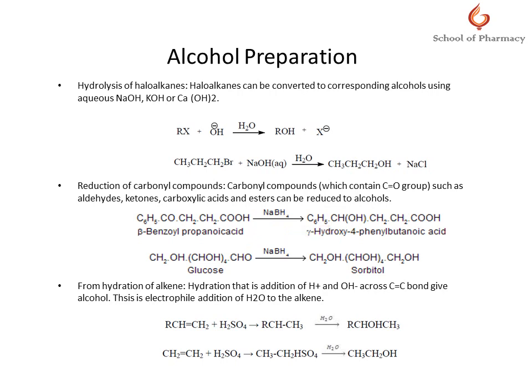Now the next is preparation from hydration of alkenes. Hydration is the addition of a hydrogen ion and OH across the carbon-carbon double bond, and that gives the alcohol. So this is an electrophilic addition of water to the alkene. An alcohol can be prepared by adding water to the alkene in presence of a strong acid such as sulfuric acid.